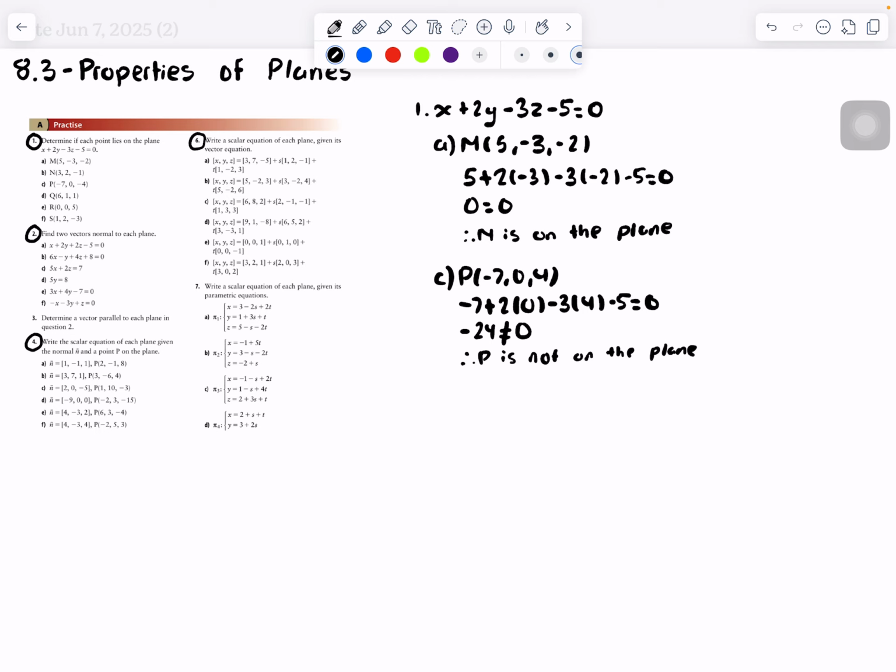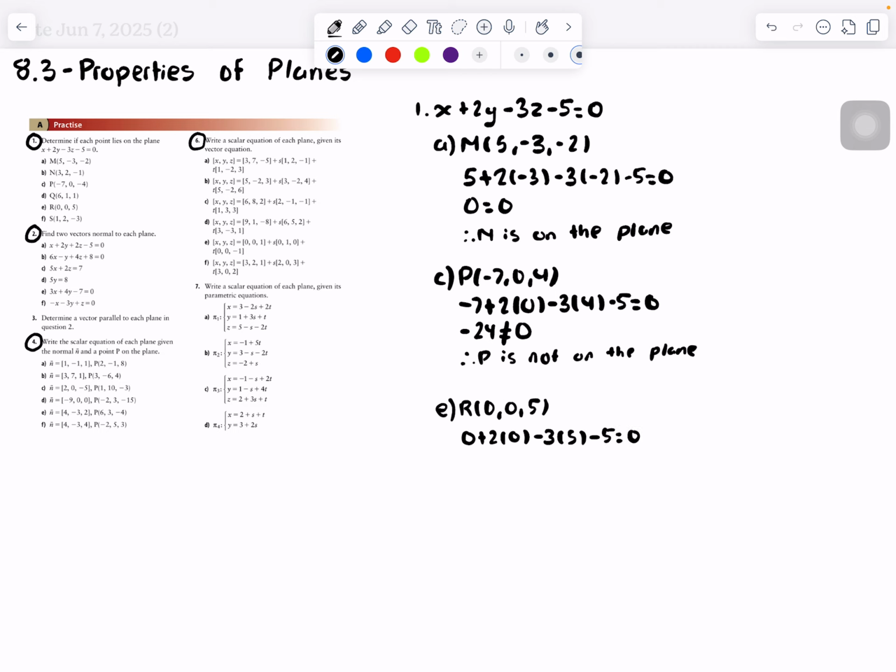Moving on, we have E, let's do. Question E is R: 0, 0, 5. So what is this going to be? This is 0 plus 2 times 0 minus 3 times 5 minus 5 equals 0.